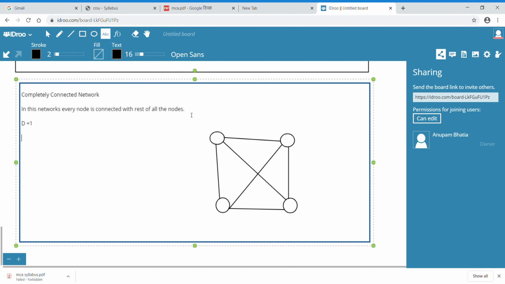However, the cost will be on the higher side. It is equal to n into n minus 1 divided by 2. And obviously degree of the node is equal to n minus 1, because you can see it is 4, then the degree is 3 for all the nodes.